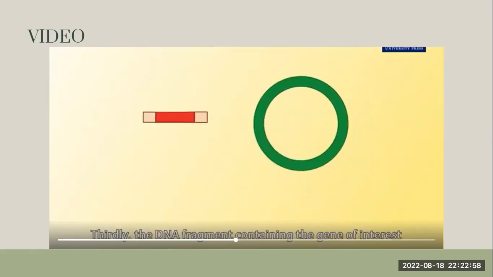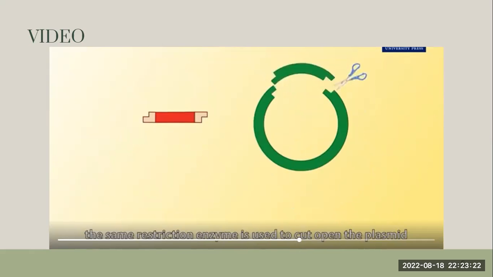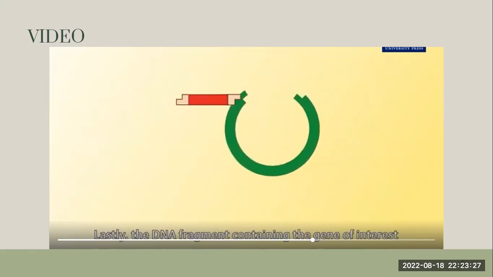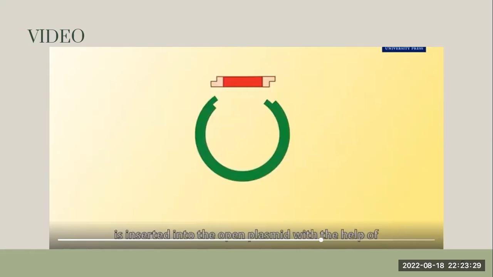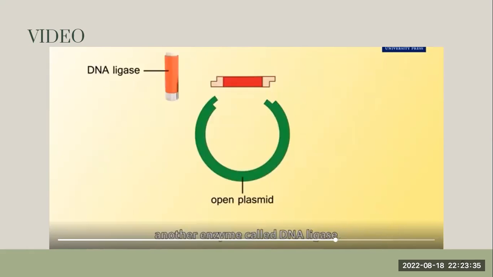Thirdly, the DNA fragment containing the gene of interest is cut using an enzyme called restriction enzyme. This enzyme acts like scissors. It recognizes a specific base sequence and cuts the DNA at a specific point. On the other hand, the same restriction enzyme is used to cut open the plasmid. Lastly, the DNA fragment containing the gene of interest is inserted into the open plasmid with the help of another enzyme called DNA ligase.